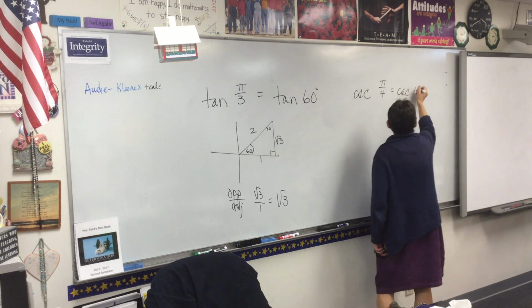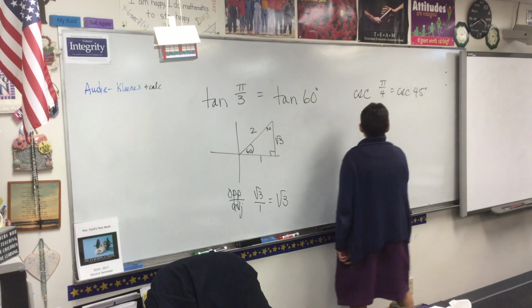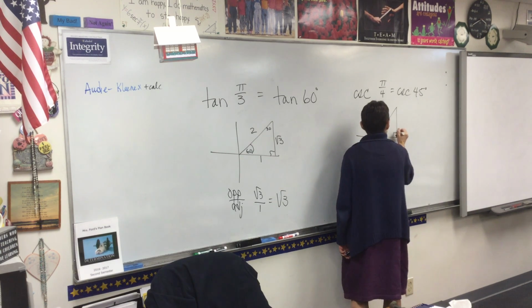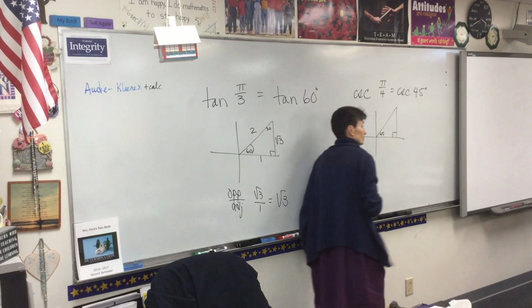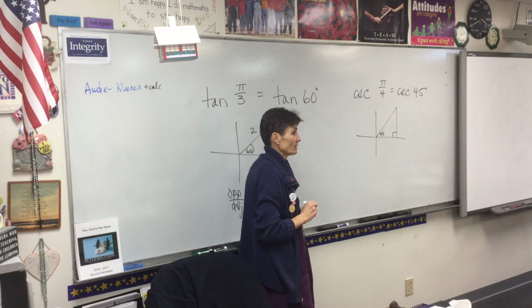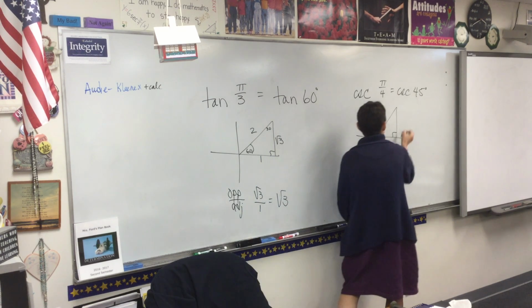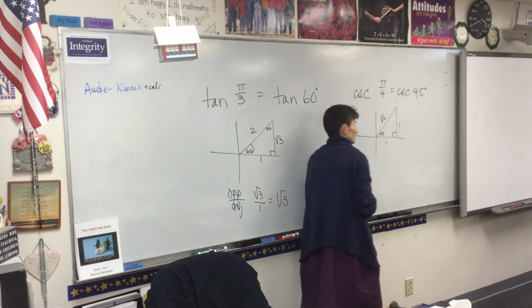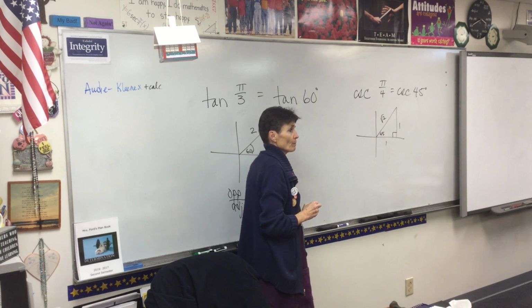So we're finding the cosecant of 45 degrees. So we'll draw our 45 degree angle. Now I got to remember what the sides are for a 45. 1, 1, root 2. We're going to have to remember those.